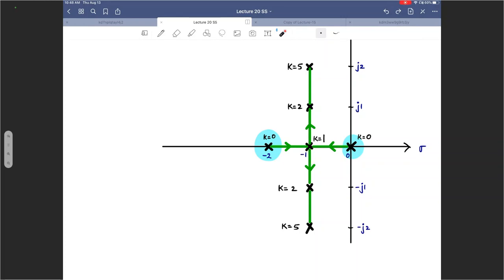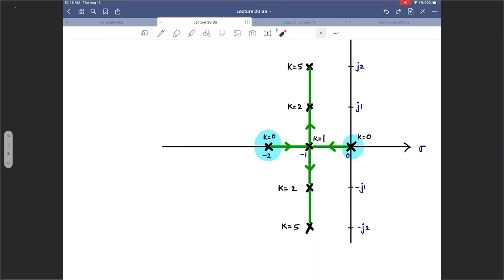As long as they are on the real axis, we know that they are overdamped. At this point, when k equals 1, both the poles meet, and that's when the system is critically damped. When you increase k a little bit more, we get an underdamped stable system.